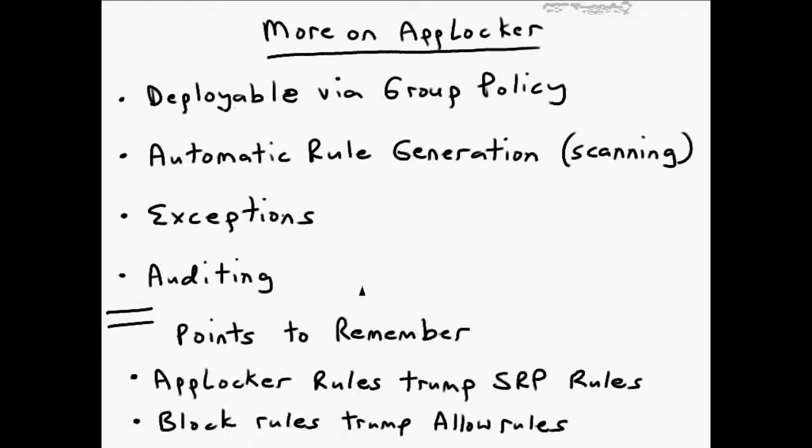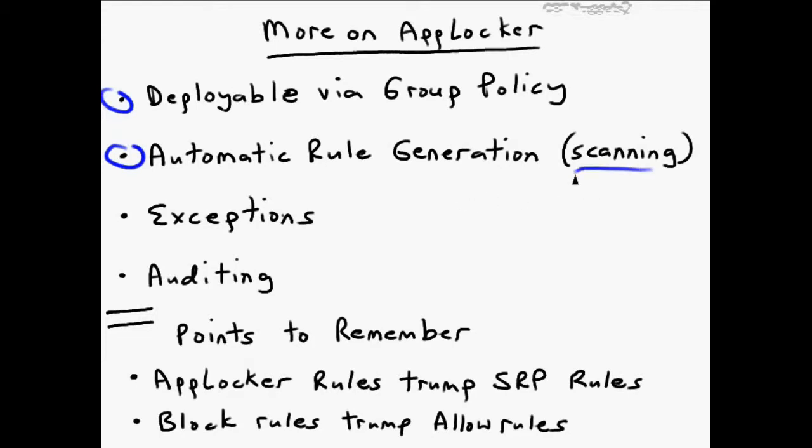Before we do our AppLocker demo, let's take a look at this final list of points to make sure we're not forgetting anything for our certification exam. You should know, as I've already said, that AppLocker is deployed via Group Policy Objects, or GPOs. We do have the ability to automatically create rules, so we'd set up a reference computer with our allowed software, or just in general the software that we want to control.